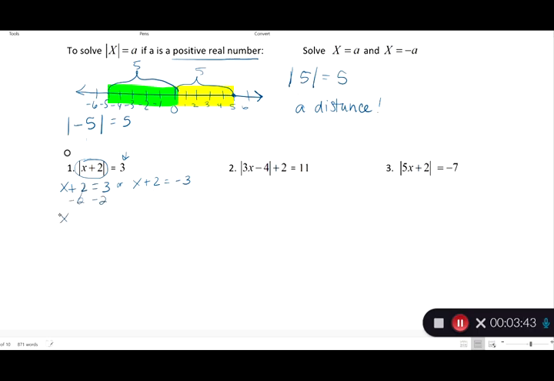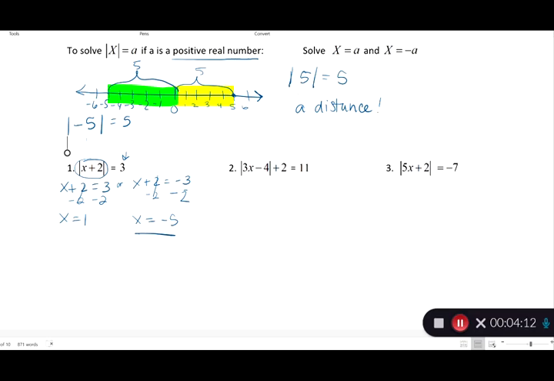This should hopefully be an easy part of this module. So x equals 1 or -5. Now, x can be a negative number, and that's okay, because I'm not saying the absolute value equals a negative number. I can plug a negative number in, and that's fine. I just can't get it equal to a negative number, okay?